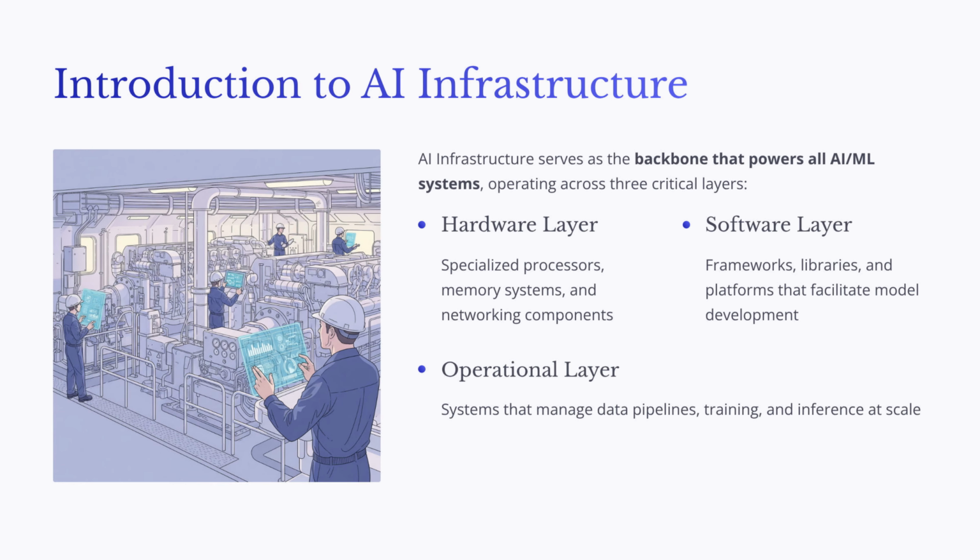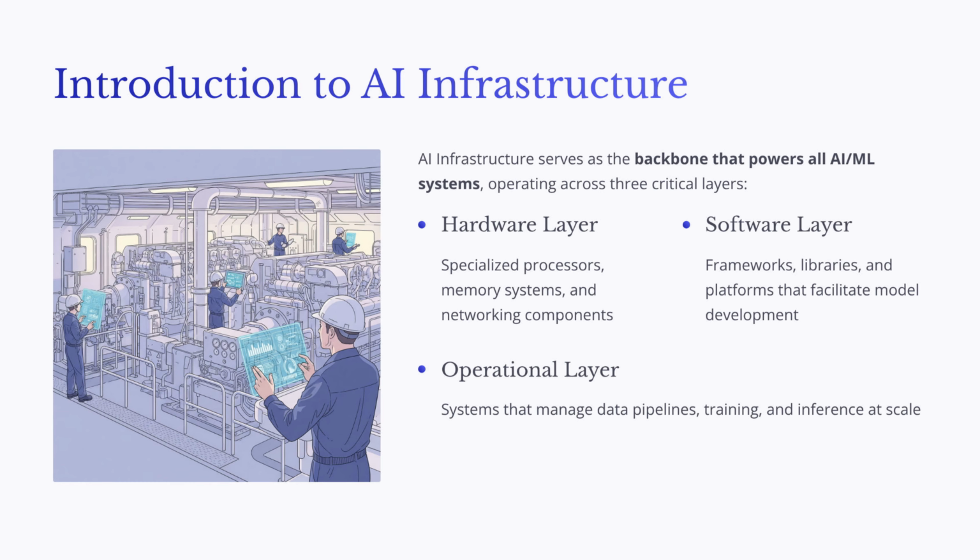At its core, AI infrastructure can be thought of as a three layered ecosystem. At the bottom is the hardware layer, specialized chips, memory hierarchies, and ultra fast networking links. These components determine the raw horsepower available to train and run models.